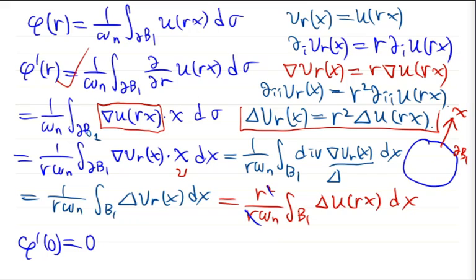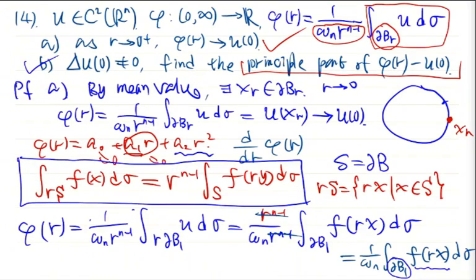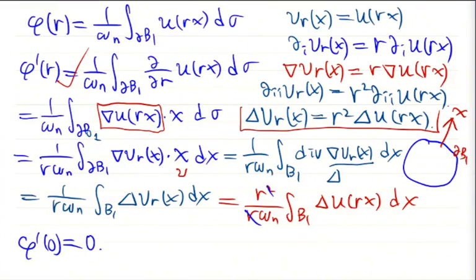So in the expansion for phi, the 0 order term is u0. The first order term, phi prime, is 0. So we have to compute the second order term, the second order derivative of phi. We do this on the next page.